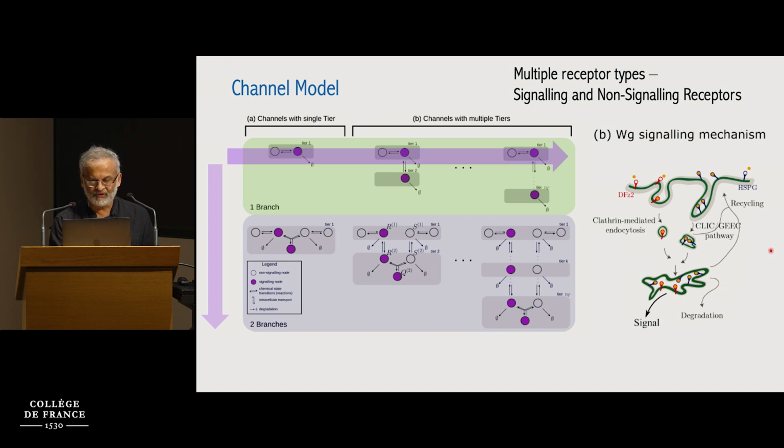Here on the right, I'm showing you the wingless signaling mechanism, which involves the internalization of the morphogen wingless via two different kinds of receptors, frizzled and dally. They constitute the signaling and non-signaling receptors that I talked about. These two ligand-bound receptors are then internalized within the cell and processed, finally giving rise to a transcription readout.